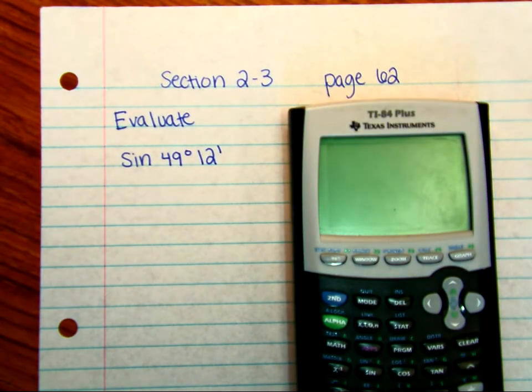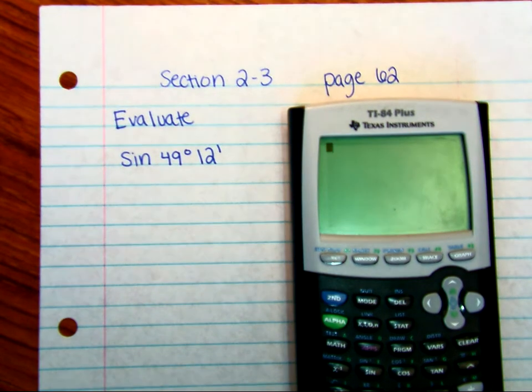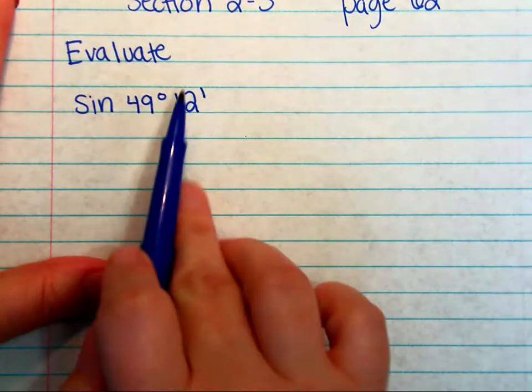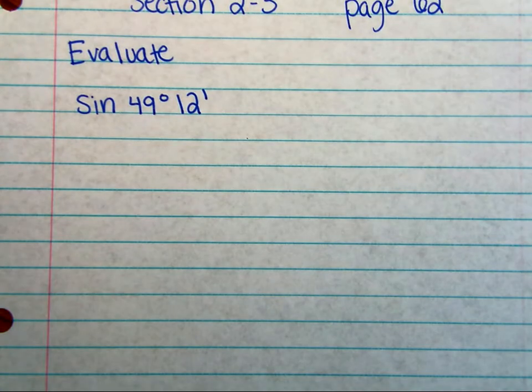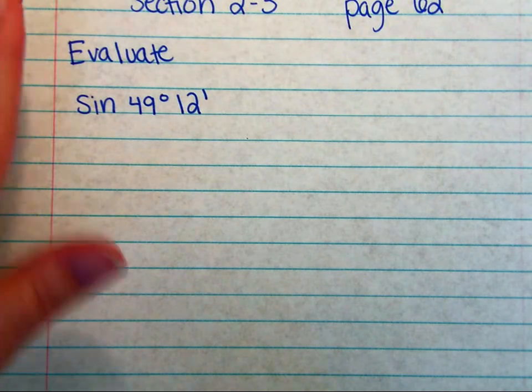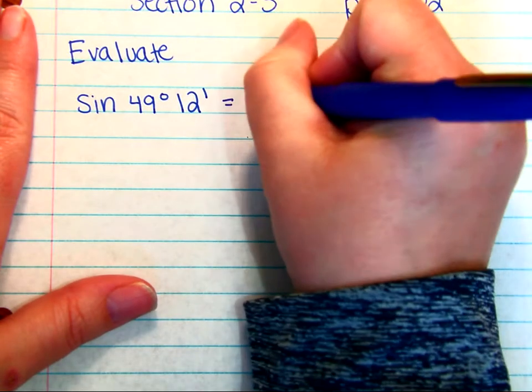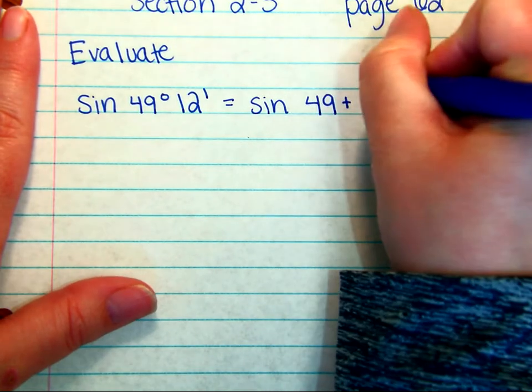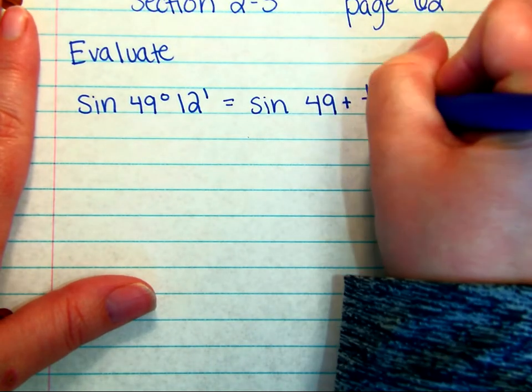When you are given the angle, you know you're just going to use the sine button. However, before I use my calculator to do this, I need to convert this to decimal degrees. So you need to remember that this is really the sine of 49 plus 12 over 60.